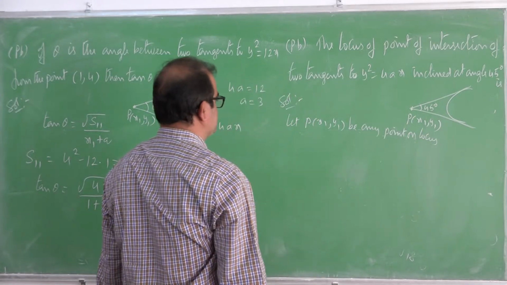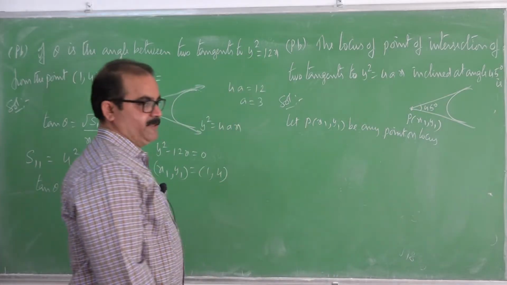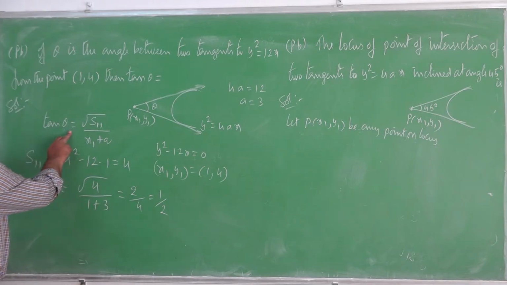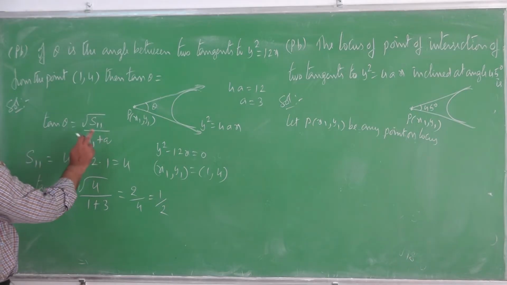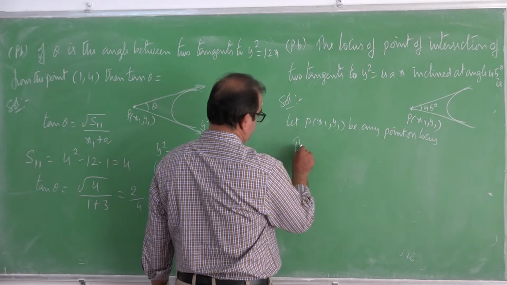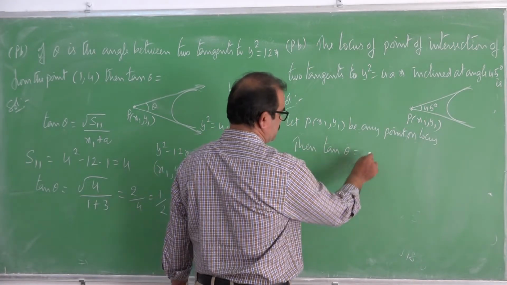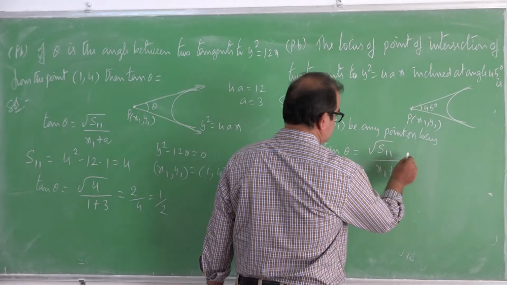We already discussed, if theta is the angle between the pair of tangents, then how to find it? By using this formula: tan theta is equal to root S11 by x1 plus a. Write that formula.